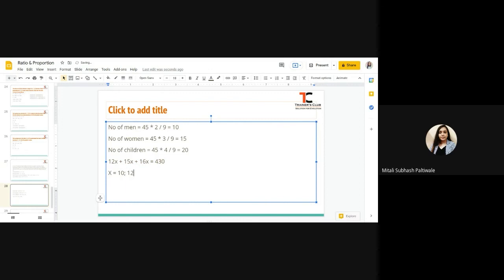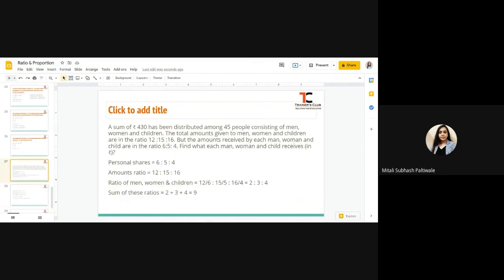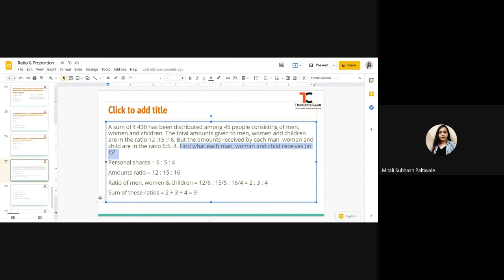Therefore 12x is equal to 120, 15x is equal to 150 and 16x is equal to 160. Now we have to find what is the share of each man, woman, and child.